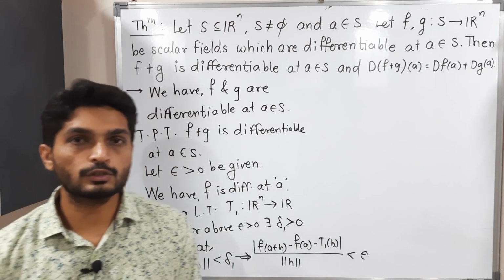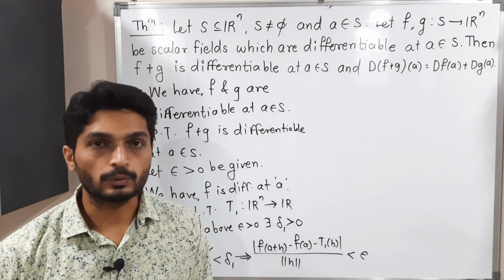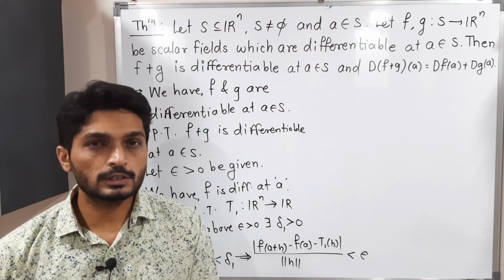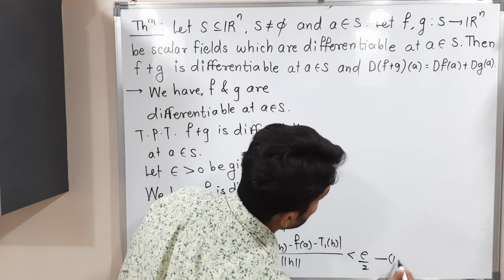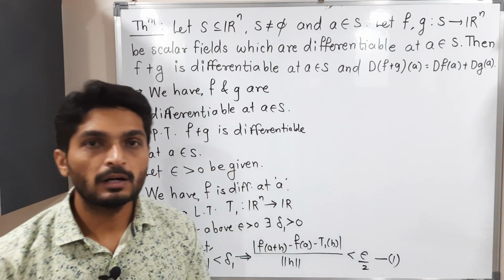Getting? So this is the definition of differentiability I wrote. Just for adjustment, instead of epsilon I am going to take epsilon by 2. I will call it expression number 1.